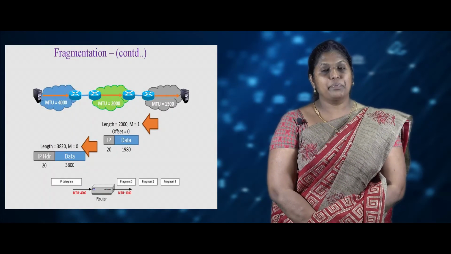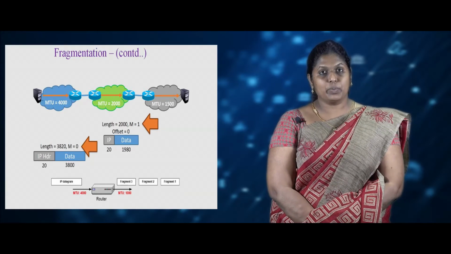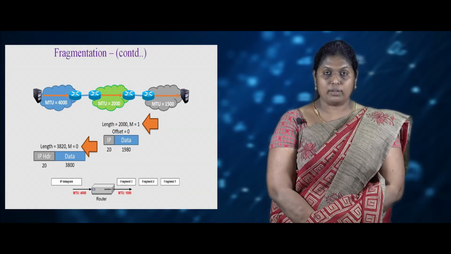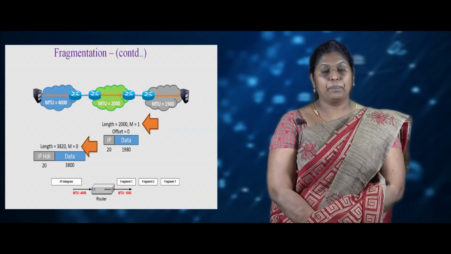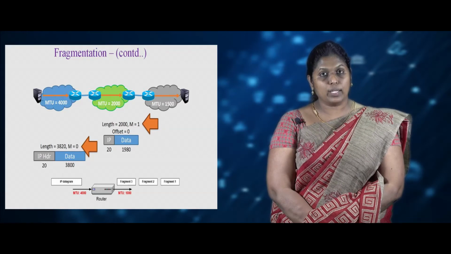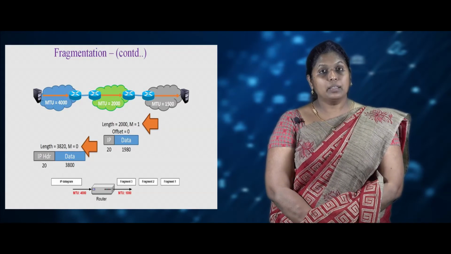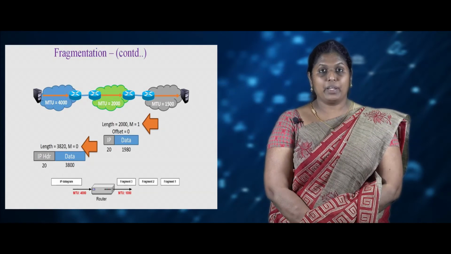Now consider that the first network has an MTU of 4000, another network has an MTU of 200, and another network has an MTU of 1500, etc. The whole datagram packet has to be converted into small chunks. We call these fragments, and this is done either by the sender or by the intermediary router.